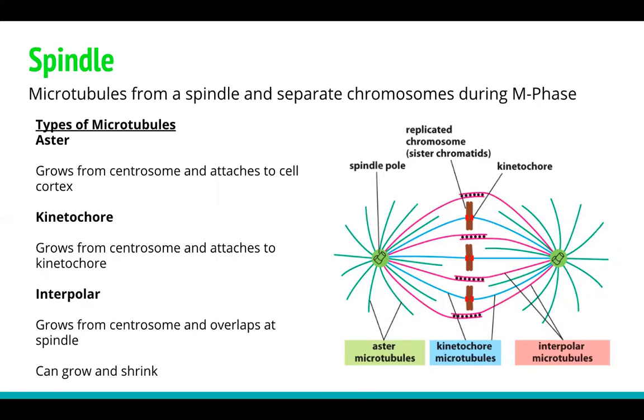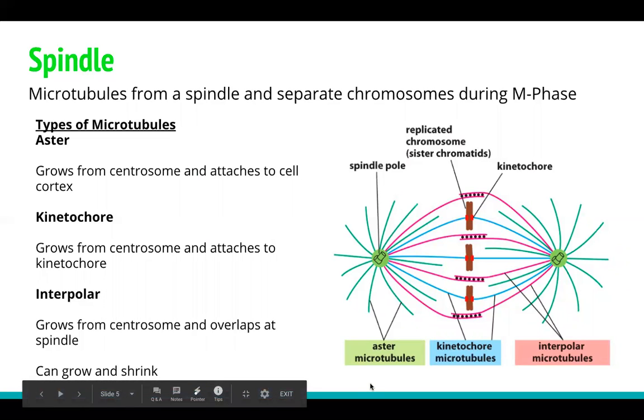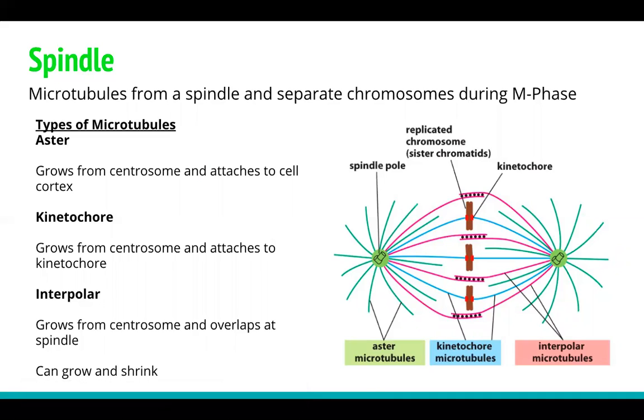We'll go into the other two later on, but for now, you just need to know that aster microtubules grow from the centrosome and attach to the cell cortex, and interpolar microtubules also grow from the centrosome and overlap at the spindle. Those, along with the kinetochore microtubules, can grow and shrink, so they have that dynamic instability that we talked about.